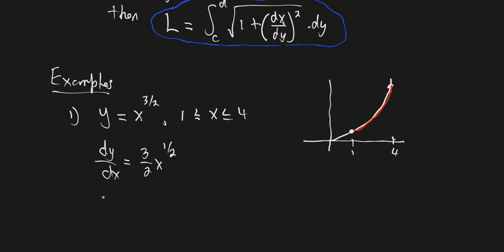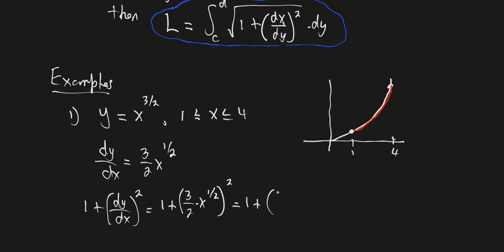Next up, let's do what's under the square root. So under the square root, it's 1 plus the derivative squared. Right, so it's 1 plus, and then I have to square this. So it's 3 halves times x to the 1 half, squared. Properties of exponents allows me to do this. It's 1 plus 3 halves squared. So you square the coefficient, and you also square the variable.